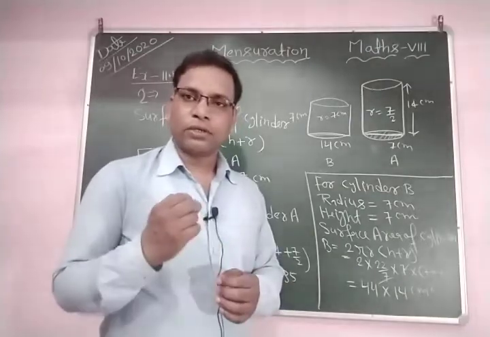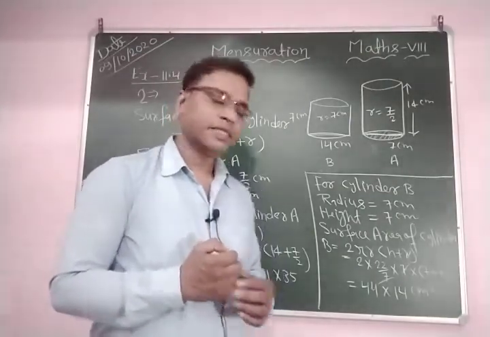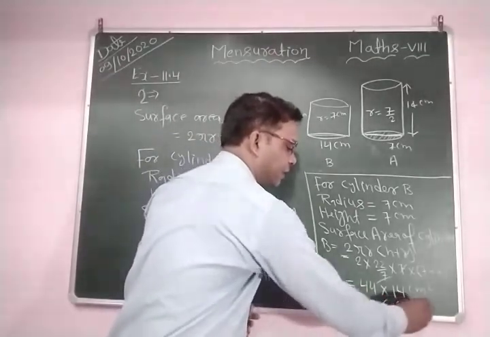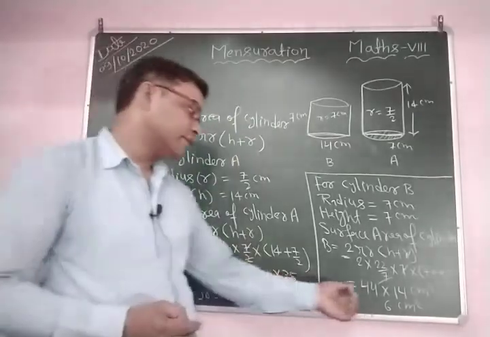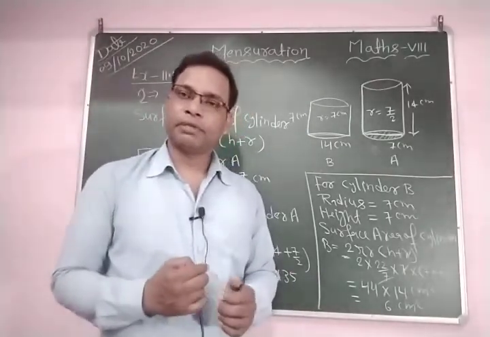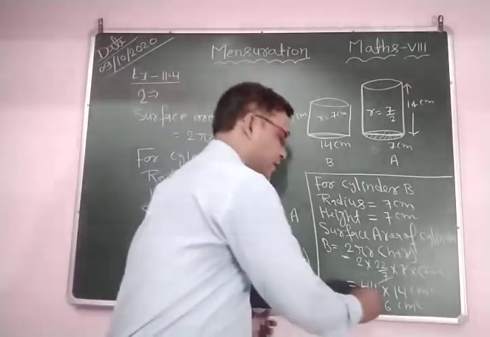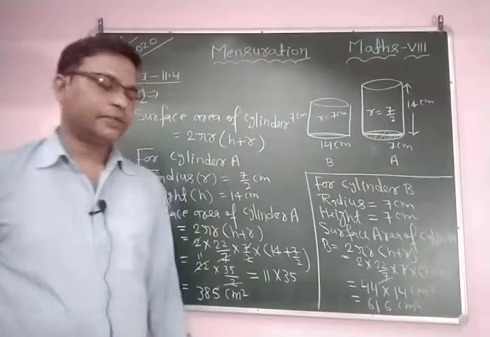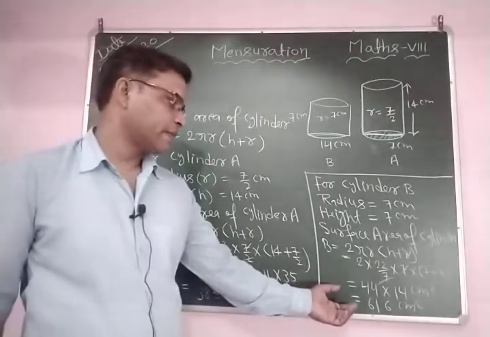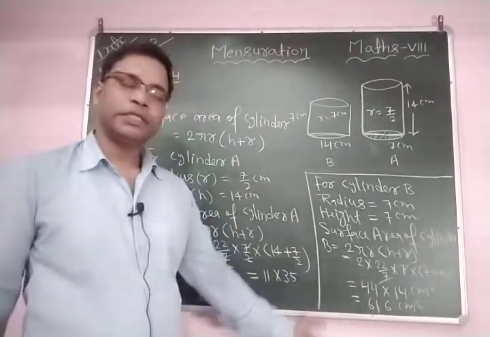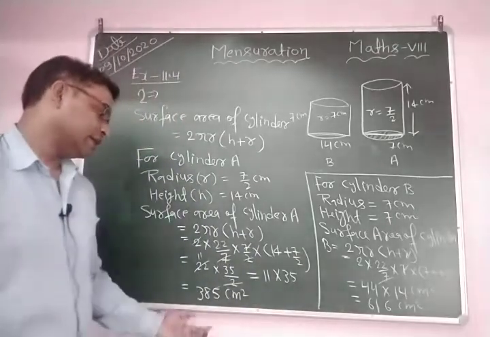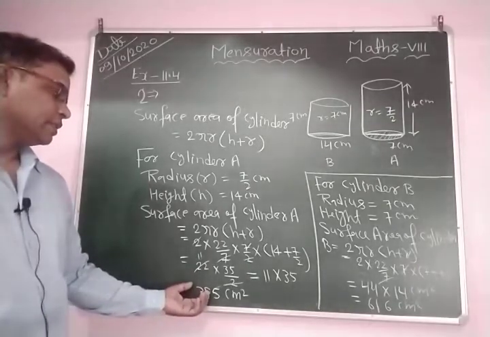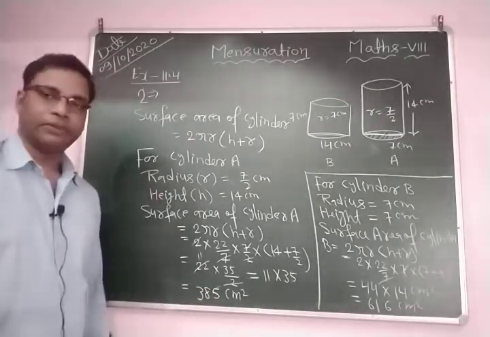14 4s are 56, carry 5, write 6 here. Again 14 4s are 56, 56 plus 5 is 61. Okay, so you can write here 61. So in this way you can find the area of cylinder B is 616, and here you can see you found the area of cylinder A is 385 centimeter square.